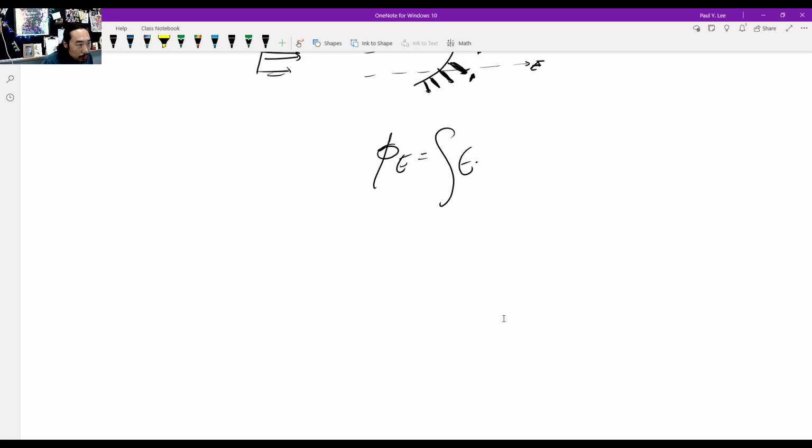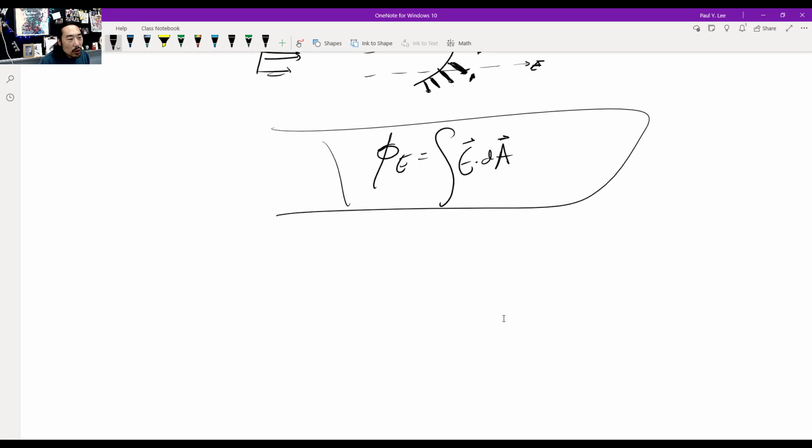But for example, it was a uniform electric field, but our area itself was changing, because the direction of the area itself was what was being adjusted. And so this here would be the calculus version of a non-uniform area.